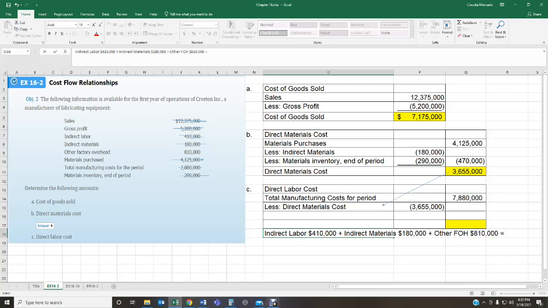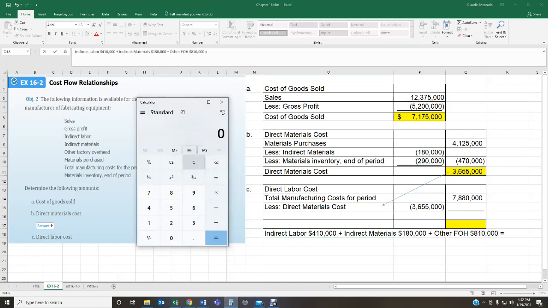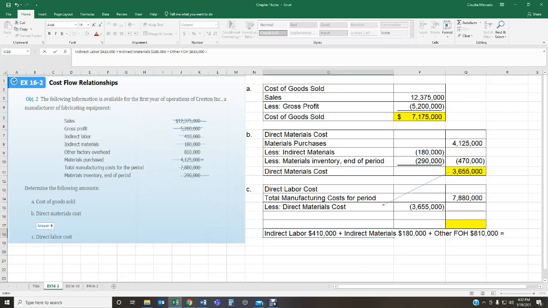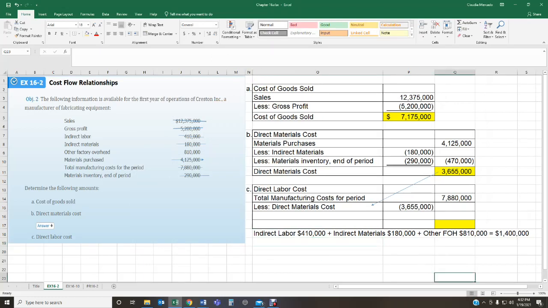And then let me get my calculator out so we can add. That's 410, plus 180, plus 810. That gives me $1.4 million. That represents your overhead, 1,400,000.